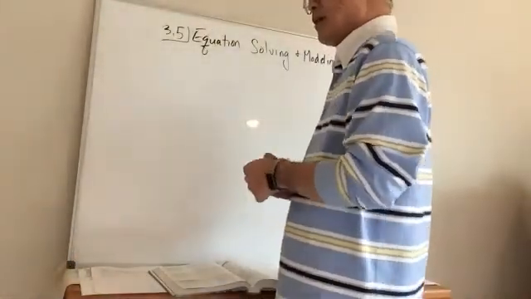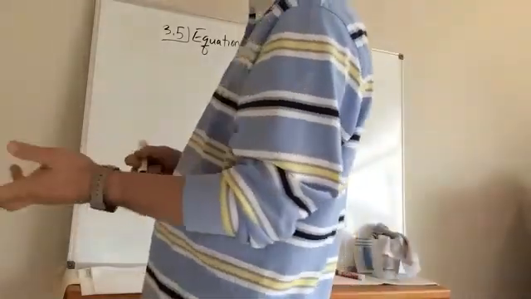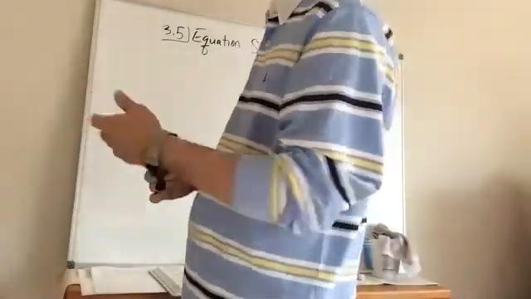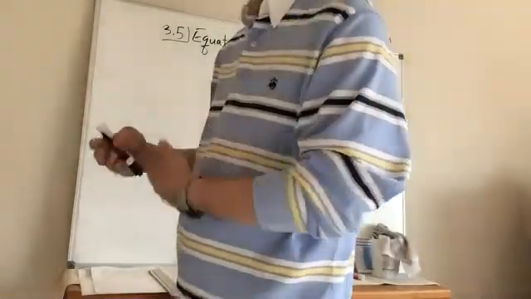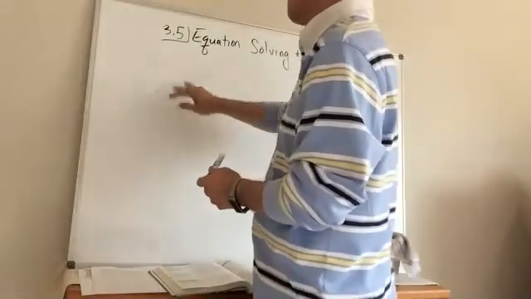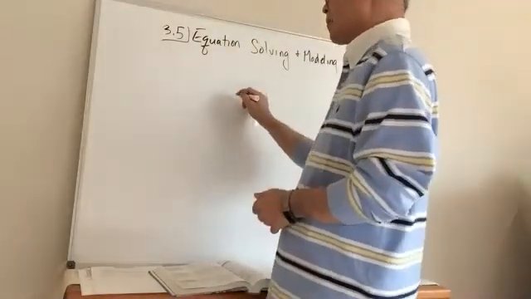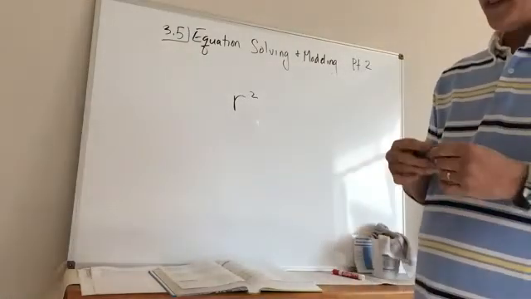Yeah, when you populate L1 and L2, because then you did the stat edit to do that. And once you do that, you're going to do the stat calc. Stat calc is going to give you several different regression options, right? How do you know which one fits better than the other one? I'm not sure. Did you just try them?